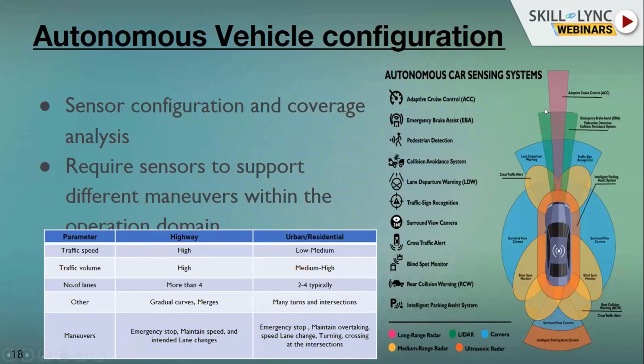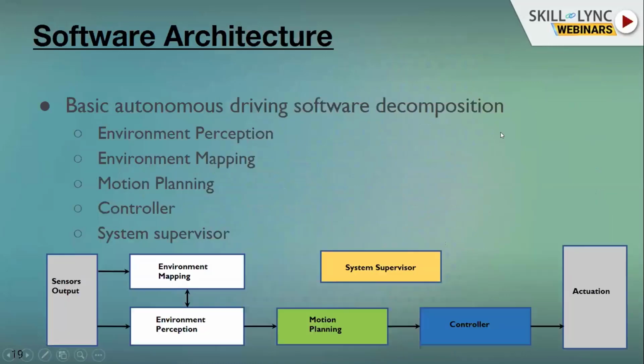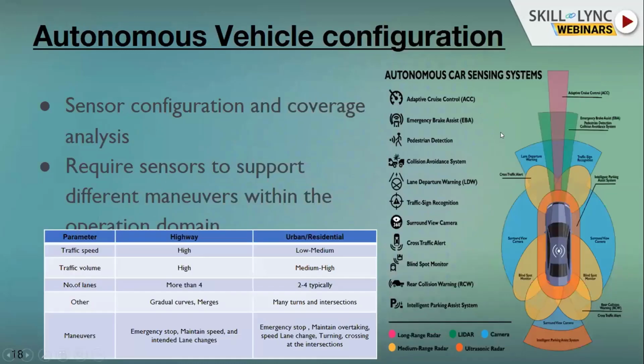Short range radar has a larger field of view angle. And in order to detect the right neighbor lanes and the left lane, we have side sensors, radars and cameras. We can place them, and rear sensors also. Basically, this configuration depends on the use case, the maneuver, which kind of maneuver is going on. So for those maneuvers, we can configure the sensors at the vehicle level.